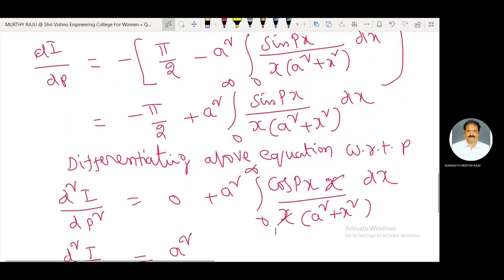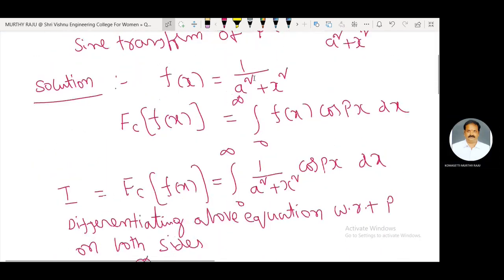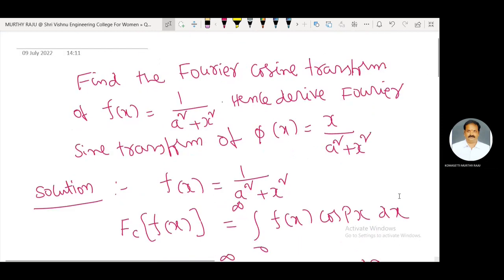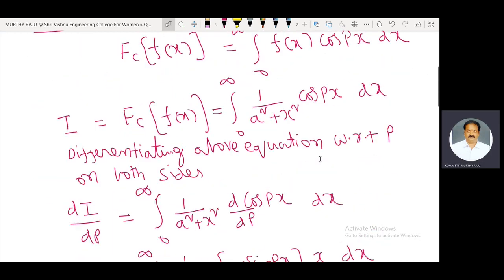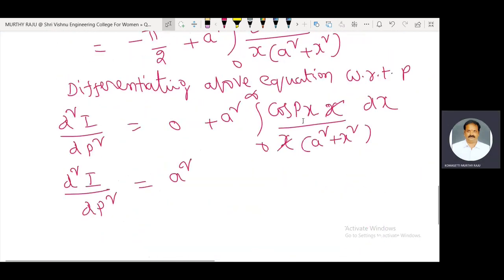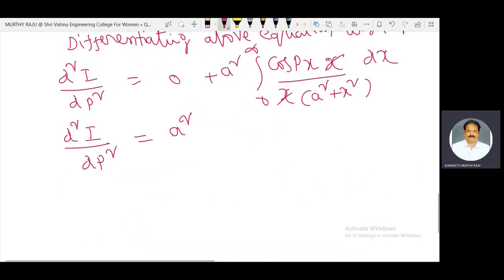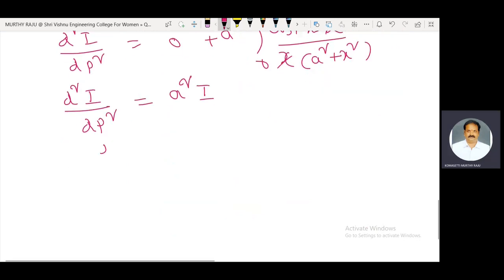See this one: integral 0 to infinity cos px by a square plus x square into dx is I. Substitute I here. This is a square into I. d square I by dp square minus a square I is equal to 0.